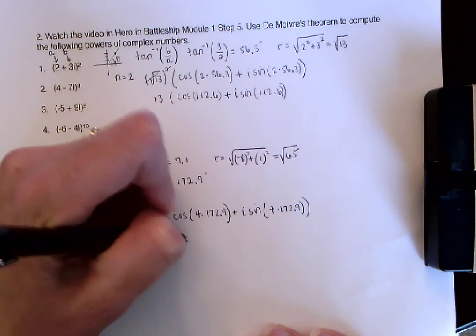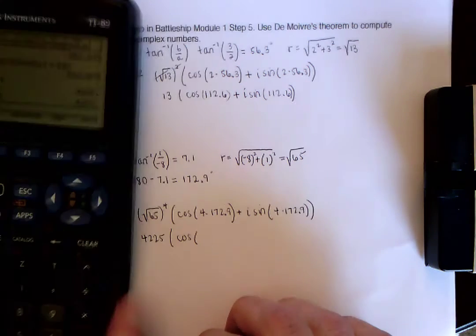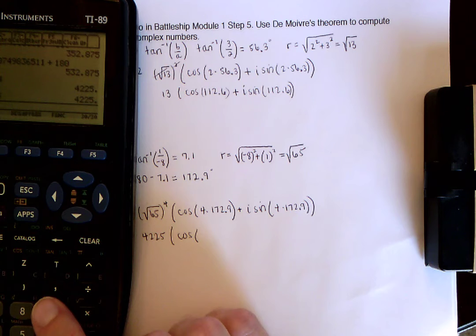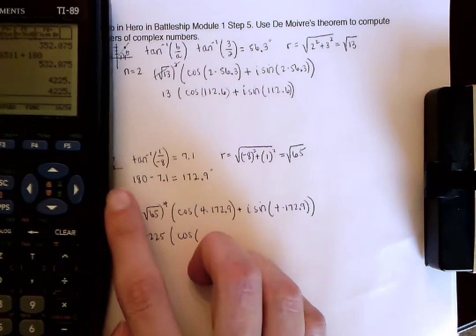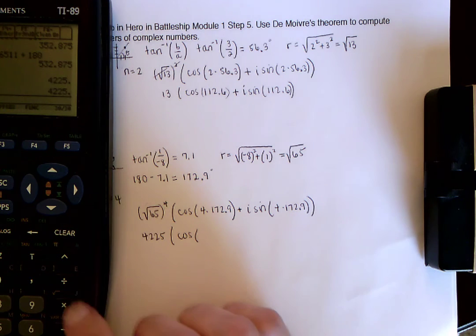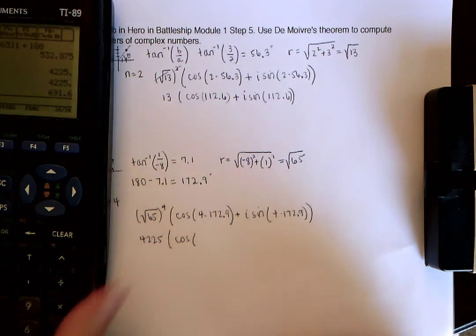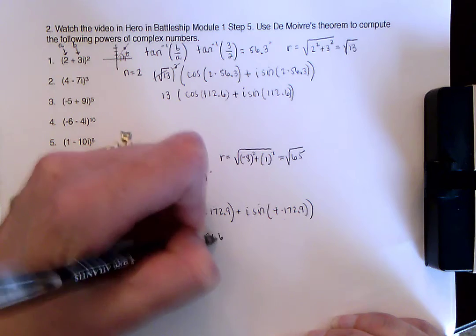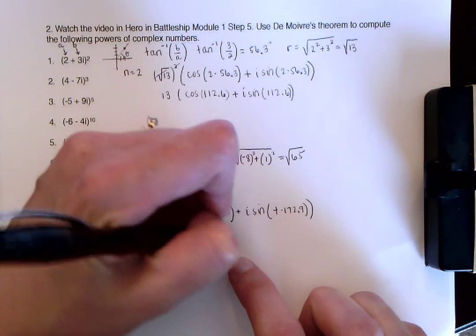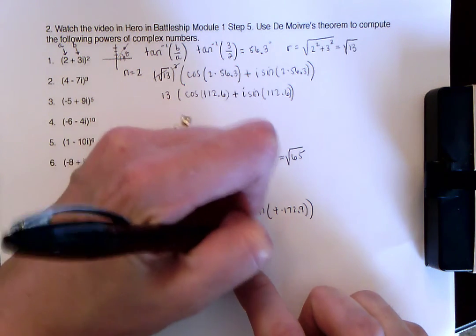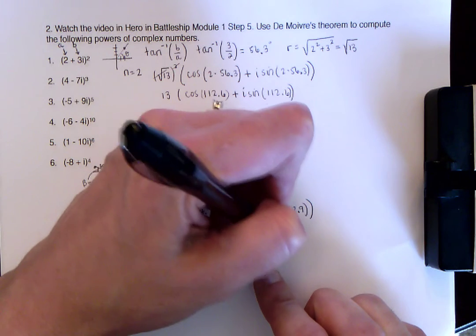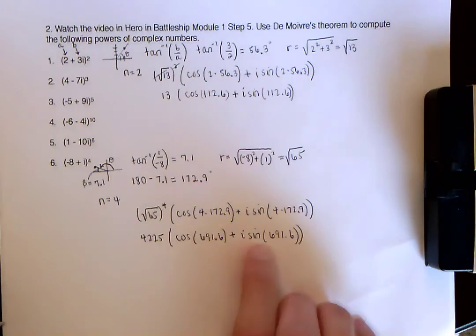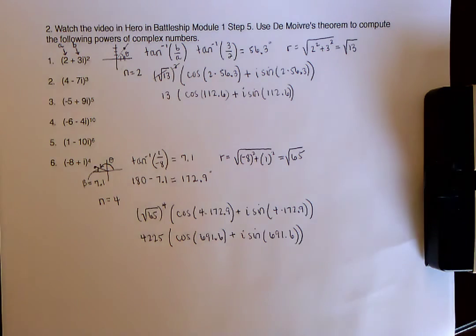And then we're going to say cosine of, and then we'll just have to do, again, this is a big number, 172.9 times 4 is 691.6. So 691.6 plus i sine of 691.6. So that would be your final answer there.